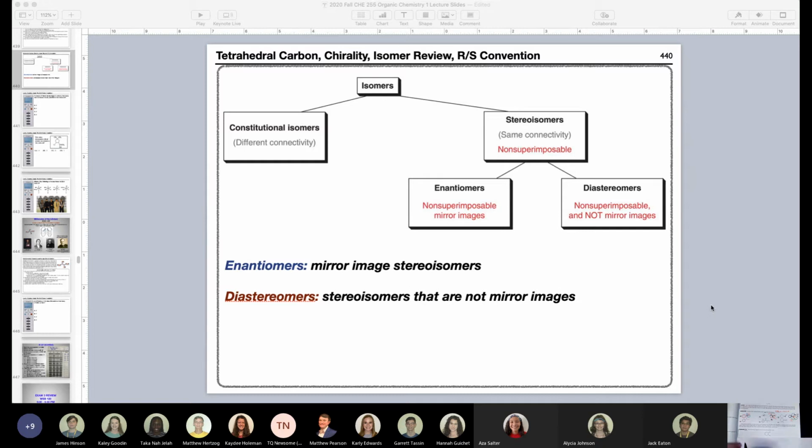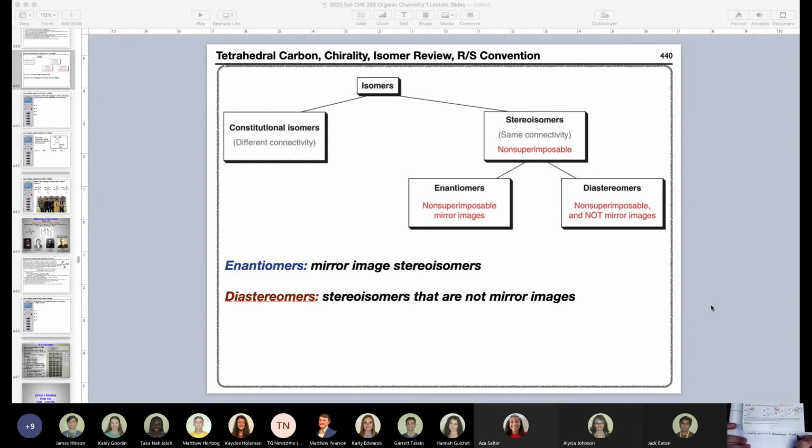So we saw before one chirality center equals 2 stereoisomers. So they're called enantiomers, right?